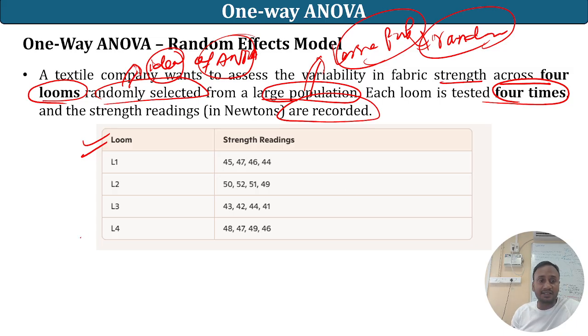We have to start from step 1, the group mean.